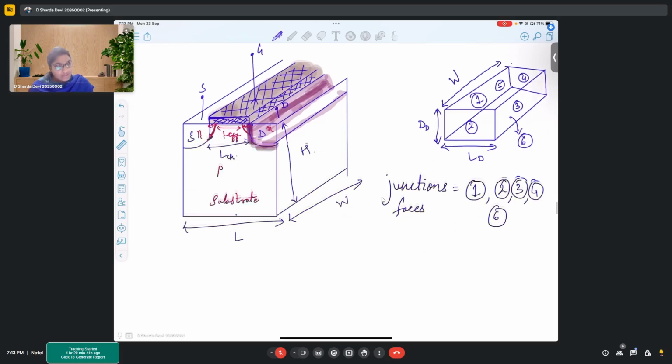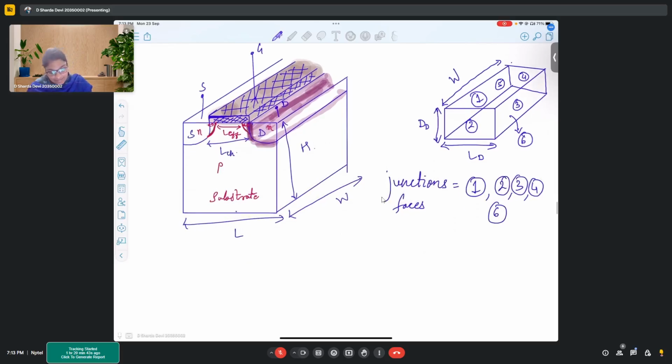Now, if I talk about the areas, how should it be? It is the area of the first face, that is DD, the depth into the width, and twice of that. So depth into the width plus 2 faces of front and back, that is twice of DD into LD, and one of the bottom face.